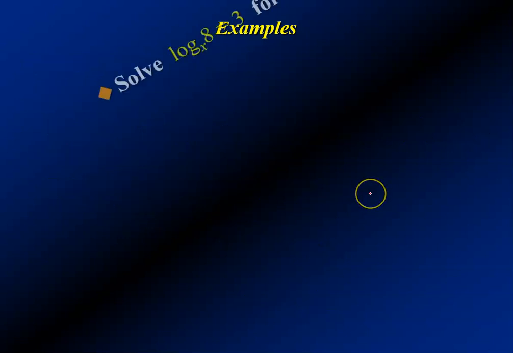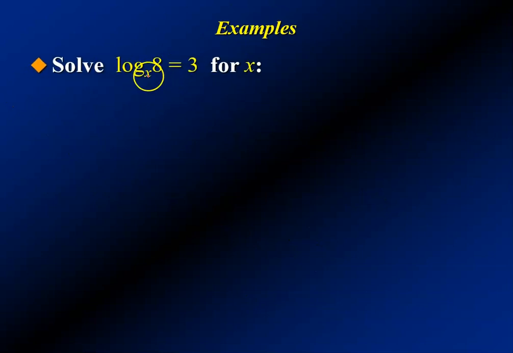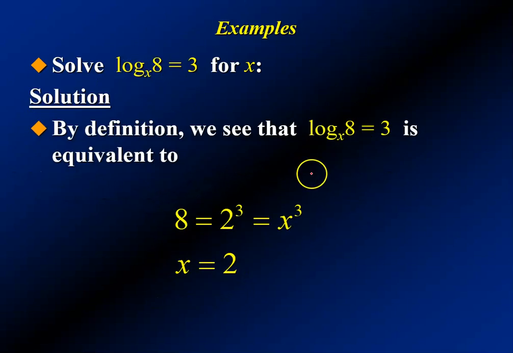Next problem. How about log 8 base x equals 3? Now we are going to solve for the base. What will be the base x? When you convert that one, it becomes x cubed equals 8.